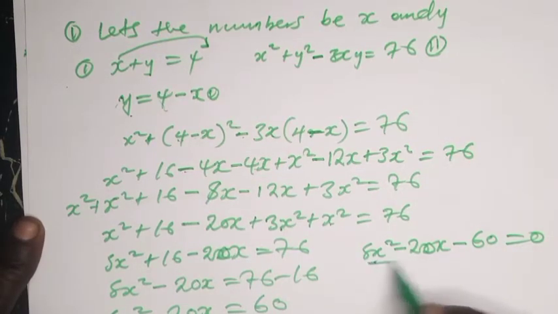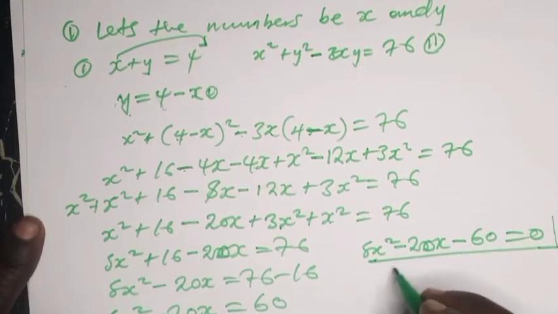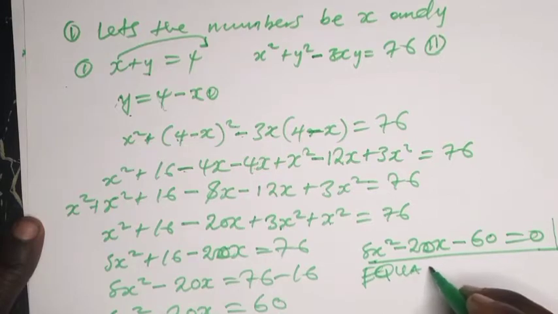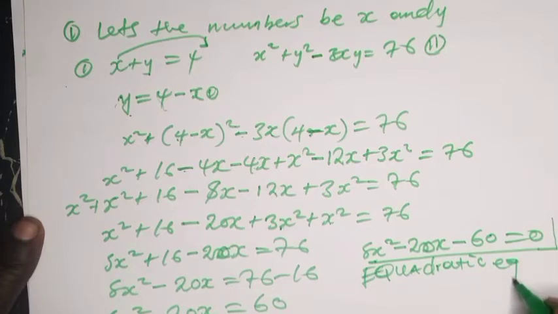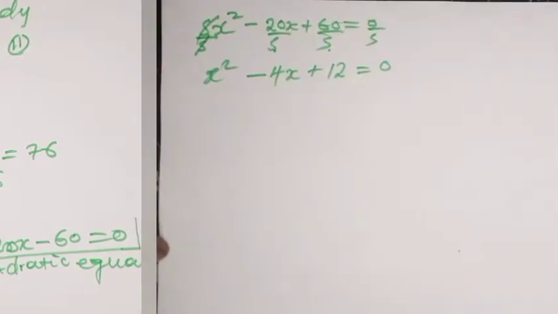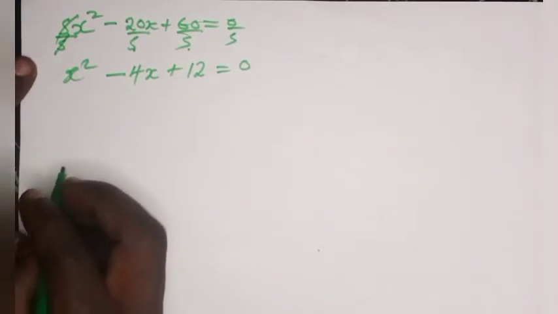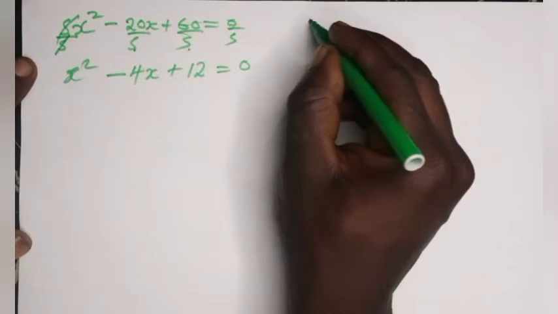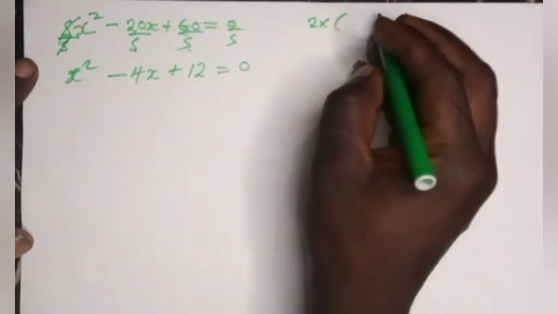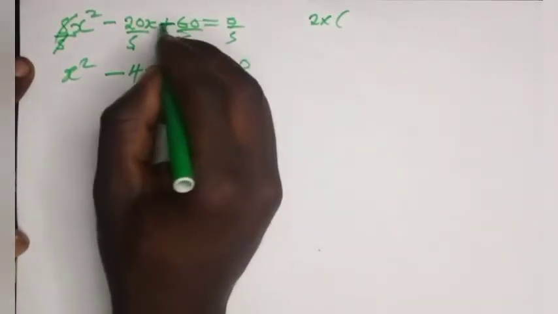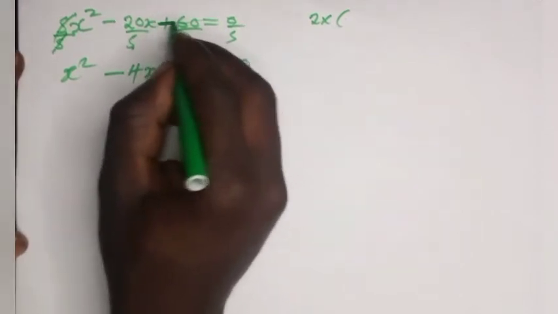So this is a quadratic equation. The numbers are positive 2 and negative 6, because when we multiply positive 2 times negative 6, the product is negative, because 60 has crossed the equal sign and it was negative.